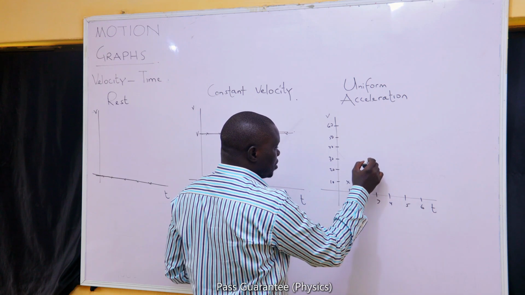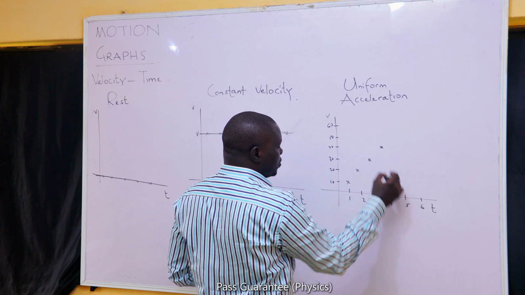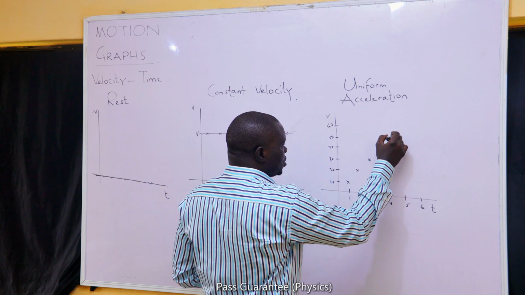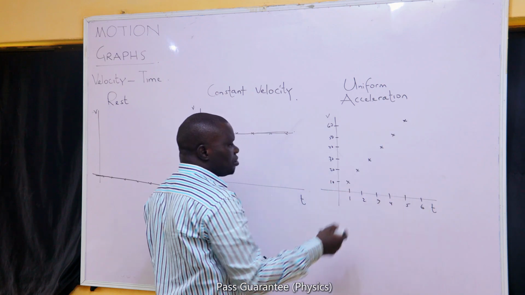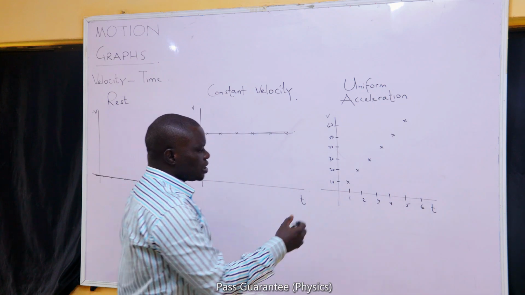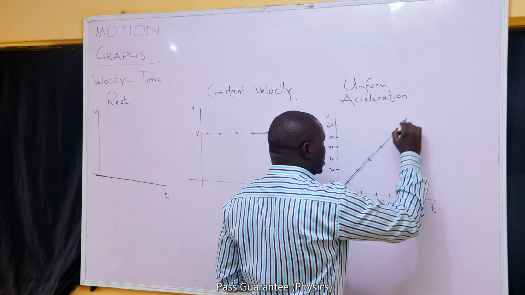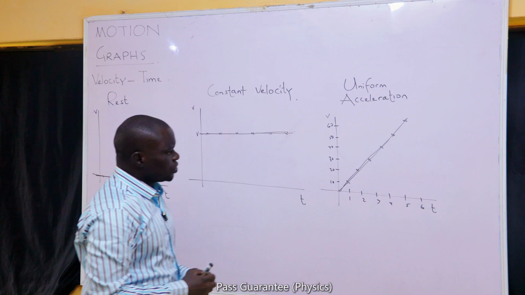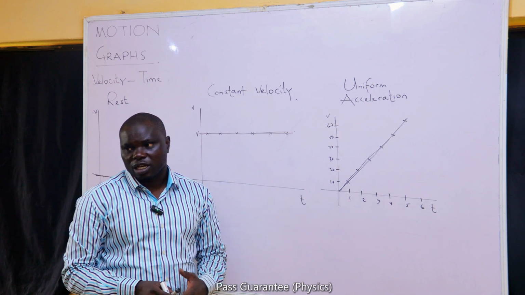The velocity after 3 seconds is 30. The velocity after 4 seconds is 40. The velocity after 5 seconds is 50. The velocity after 6 seconds, let's say, is 60. So the velocity is increasing by equal amounts in equal time intervals. If I join it, I should have a straight line on the velocity time graph. So this is generally how we draw the motion of an object that is moving with uniform acceleration.